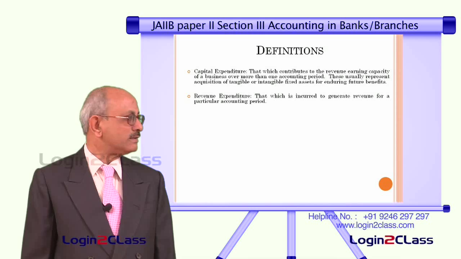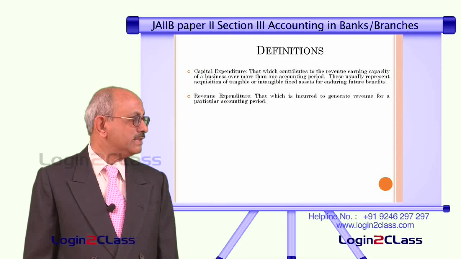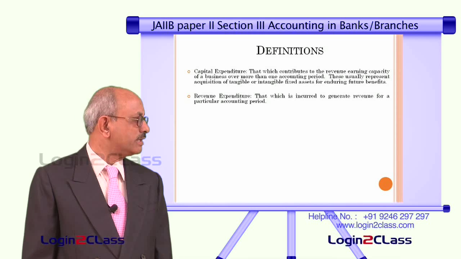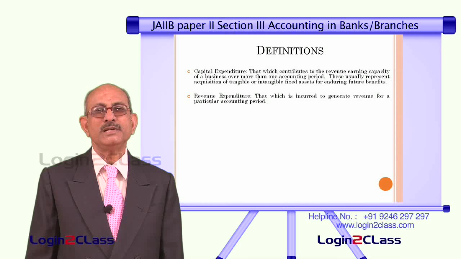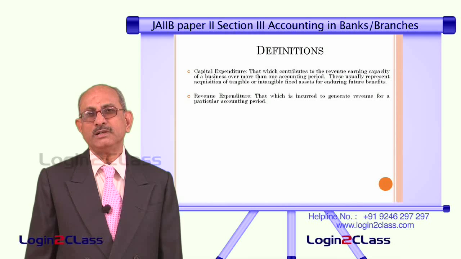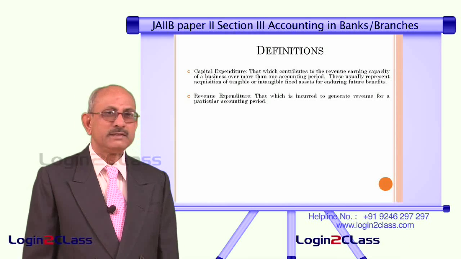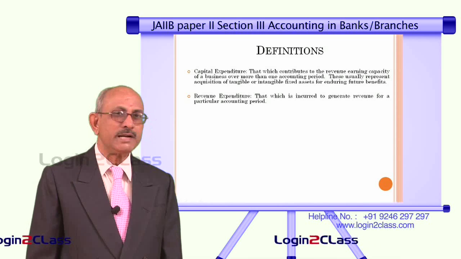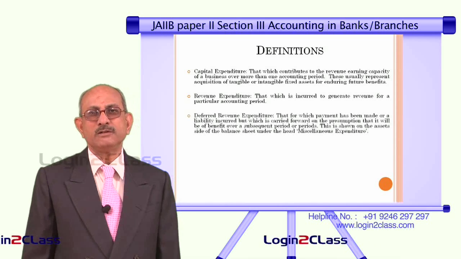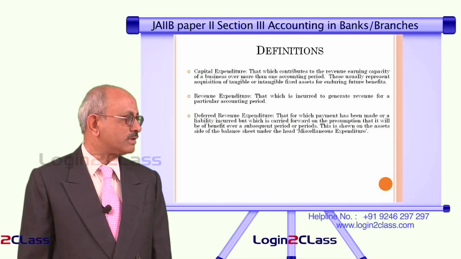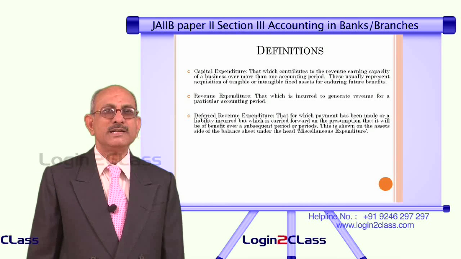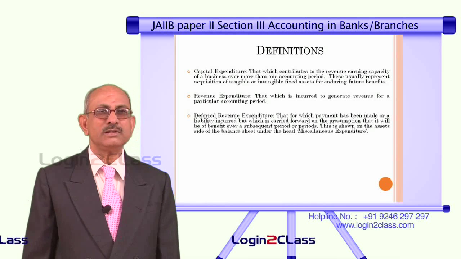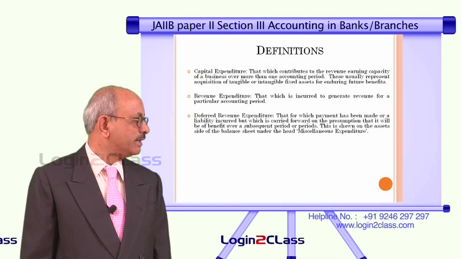And revenue expenditure, on the other hand, is one which is incurred to generate revenue for a particular accounting period. That means the expenditure is related to that particular period. For example, take the salaries paid to the employees or the rent paid for the building or purchase of raw materials for manufacture of a product. All such things are treated as revenue expenditure because all of them relate to that particular period only.